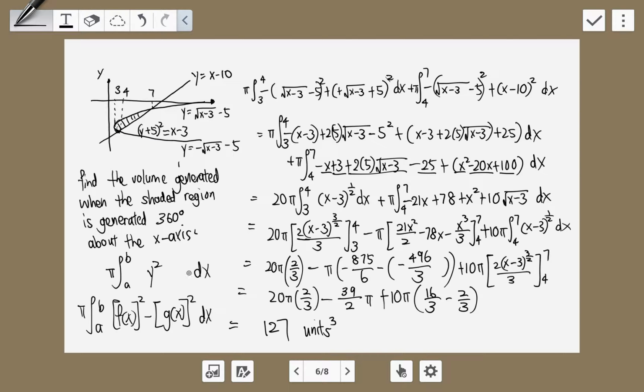That would be the volume of the solid generated when rotated 360 degrees about the x-axis from a point A to a point B.